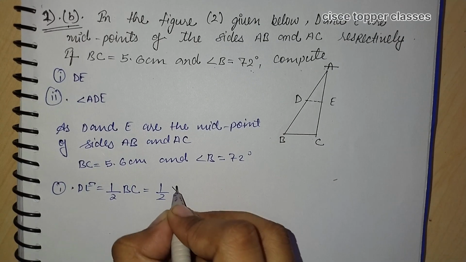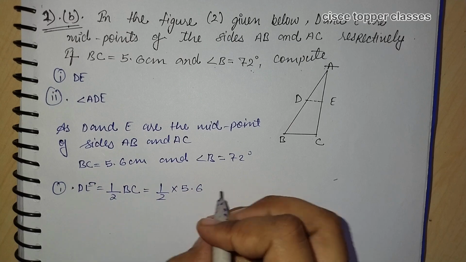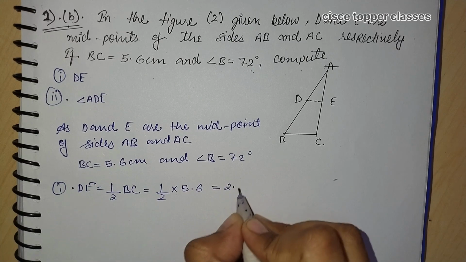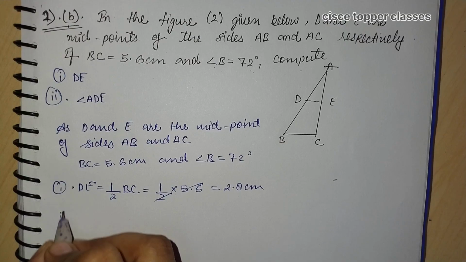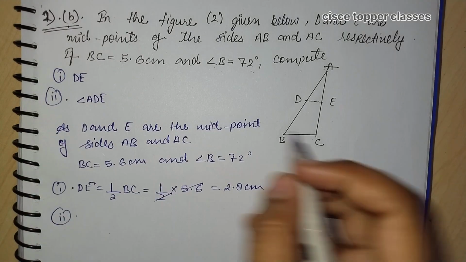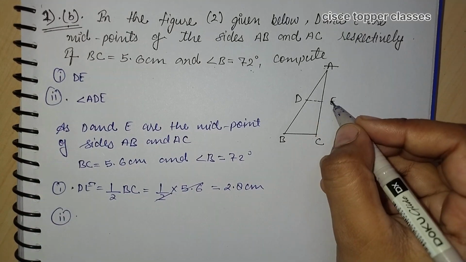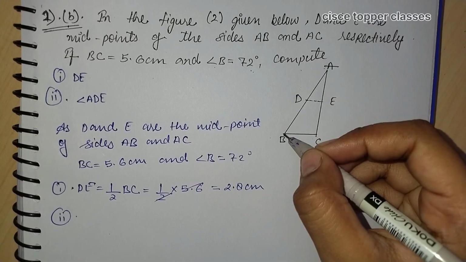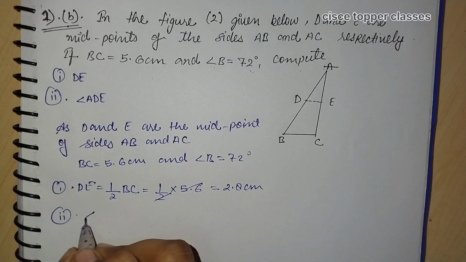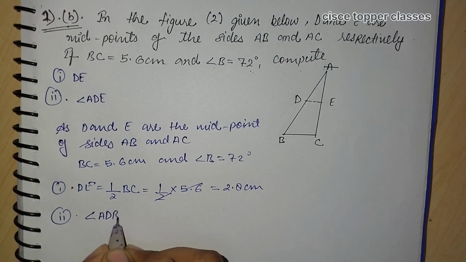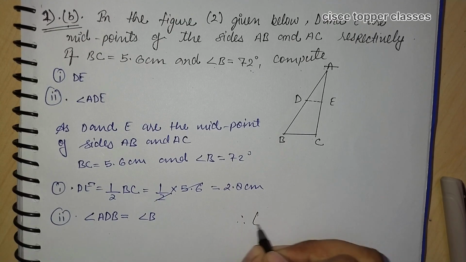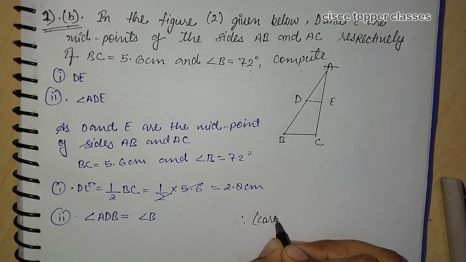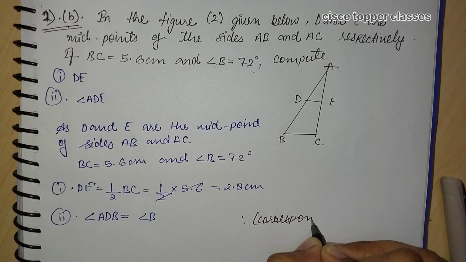It will be half of 5.6, and on cancelling we will get 2.8 centimeter. Now the second part which we have to find is angle ADE. Angle B is the corresponding angle, so angle ADE is equal to angle B by corresponding angles. So these two are corresponding angles.